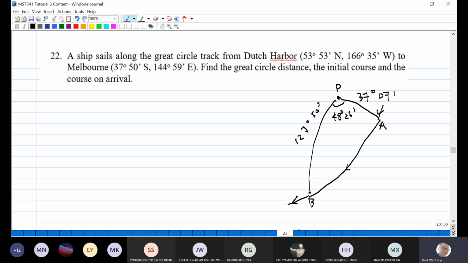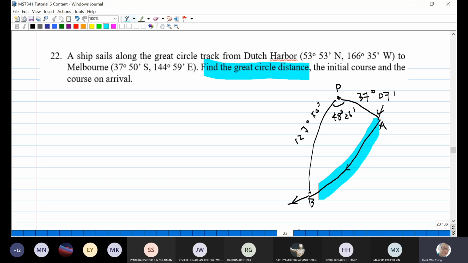So what we want is to find the great circle distance AB. This is the distance we want to find. So how do you find the great circle distance? We know exactly: the law of cosine. So this is where you apply the law of cosine.